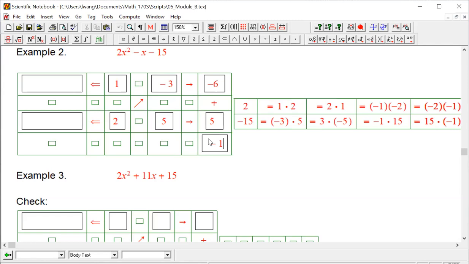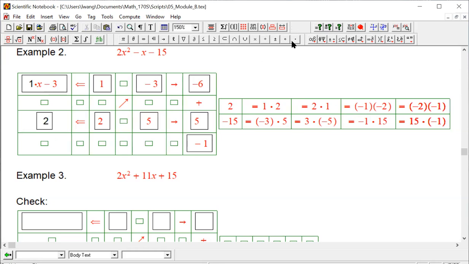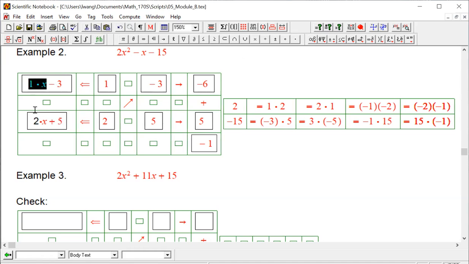The sum is negative 1, and negative 1 matches the coefficient before x. Perfect match. So we got our factors. The first factor will be 1 times x minus 3. The second factor would be 2 times x plus 5.